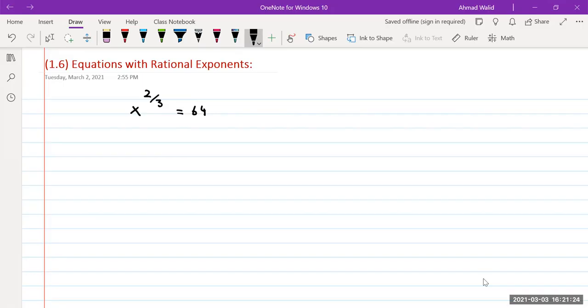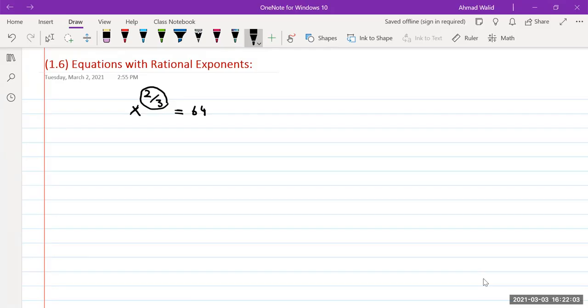I put just a very simple form for you: x to the power of 2 thirds equals 64. Look at the exponent, the power of x. The power of x is a rational number. It's a fraction, correct? If the power of your variable is a rational number, we call these types of equations equations with rational exponents. Now, how to solve?